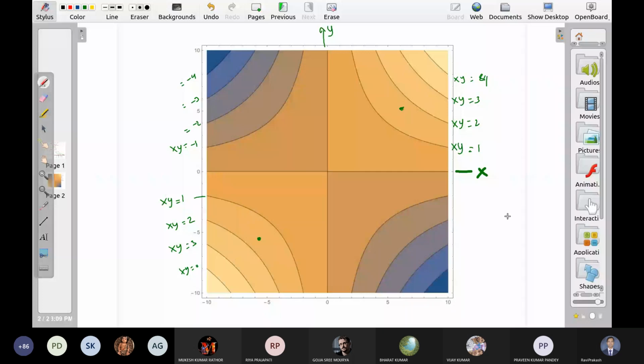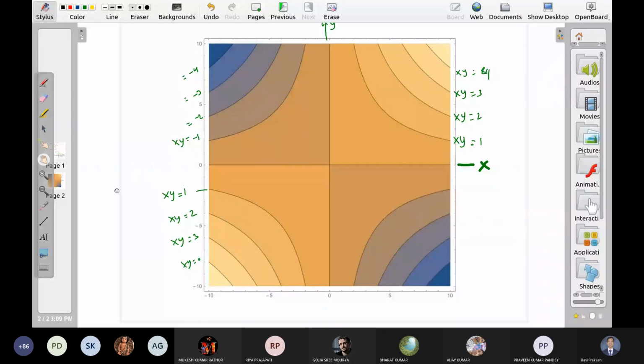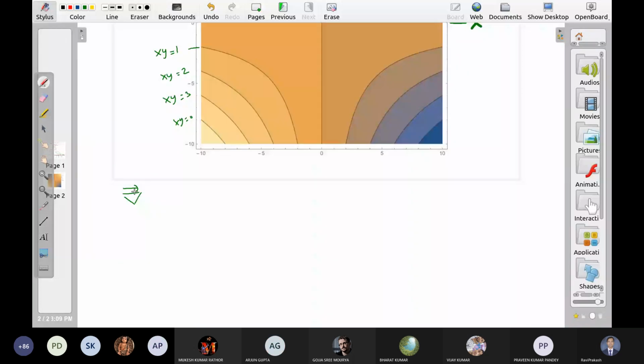Now let us calculate the gradient of this function. What I'm going to calculate is the gradient of xy, and this is equal to... Let us see what is the form of this gradient.